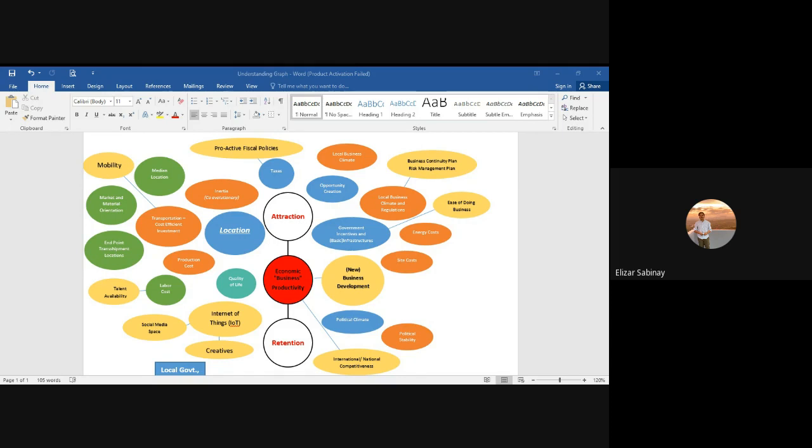So one thing that I realized about the article is, number one, it's focused on business productivity. Although it's economic productivity, it's more on attracting and retaining businesses, which was really the point of discussion in the 2009 context.